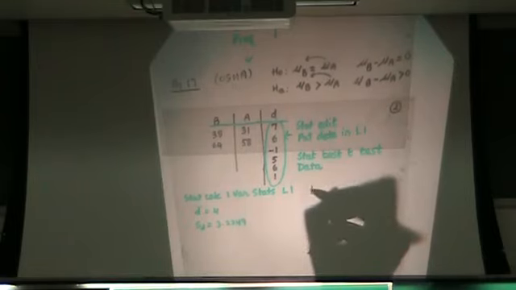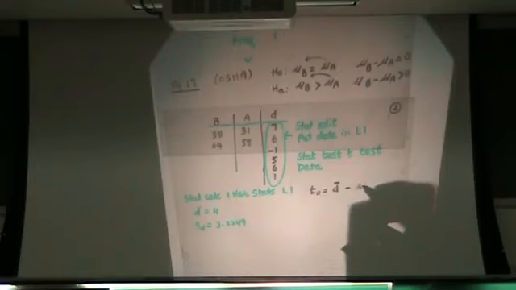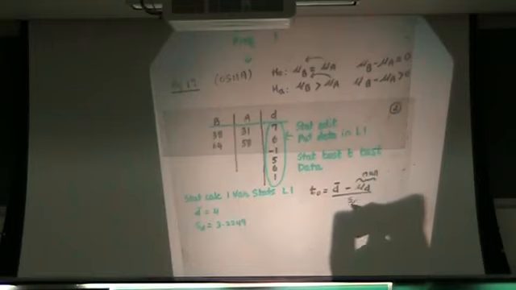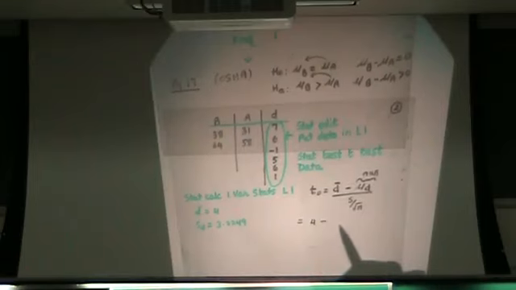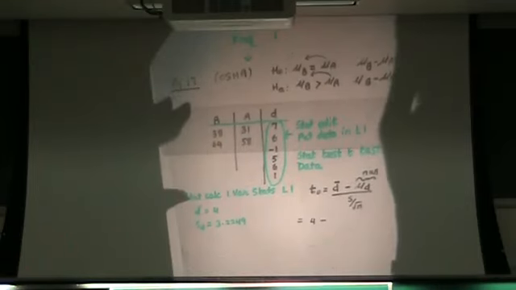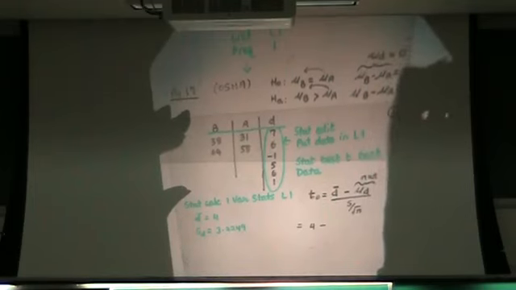T naught equals D bar minus mu D from the null, divided by S over rad n. And when I put this in, I get 4 minus mu D, equals 0 under the null hypothesis.